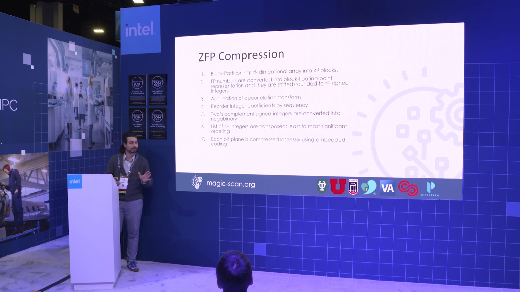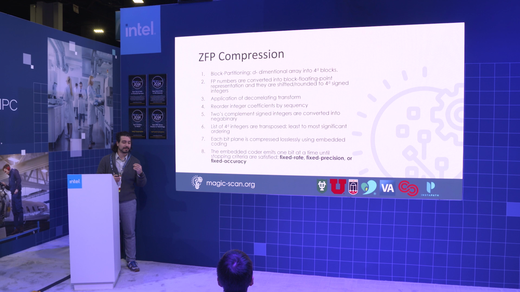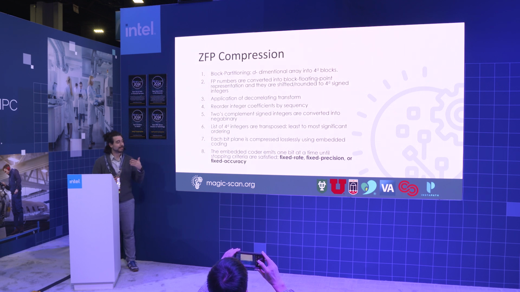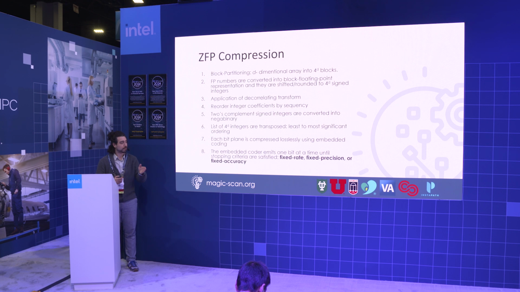I know this might be overwhelming, but you don't have to comprehend the algorithm fully to understand what I'm going to say next. After this, the embedded coder emits one bit at a time until a criterion is satisfied. If you're working with fixed rate, the criterion is emitting that amount of bits, and then it stops. So if it's a 4-bit rate, then you're going to emit 4 bits for each floating point number, and you're going to stop.